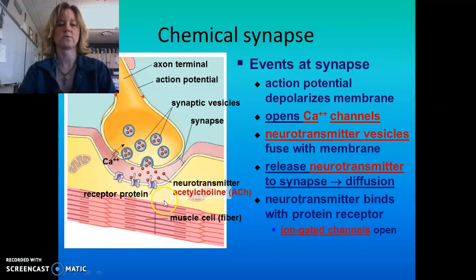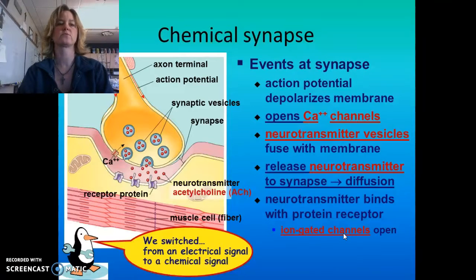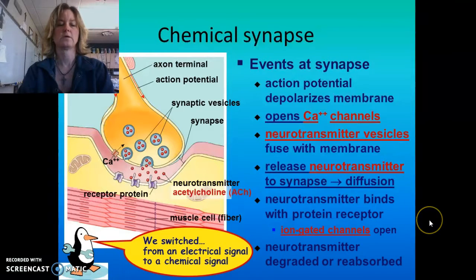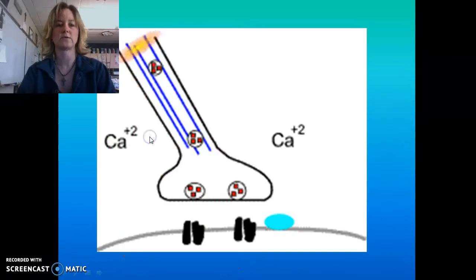All right, so these gated channel ions will open in response to that. So remember, we've switched back from a chemical, now back to the electrical gradients. Neurotransmitters will either be destroyed in this cleft area, or they will be reabsorbed into these vesicles and then reused.